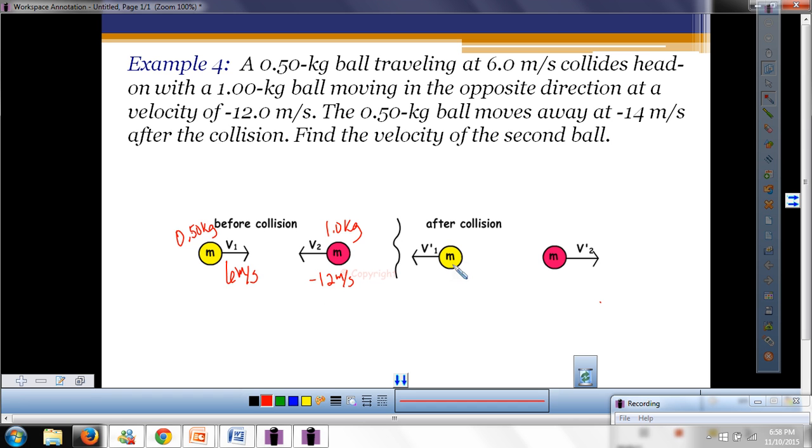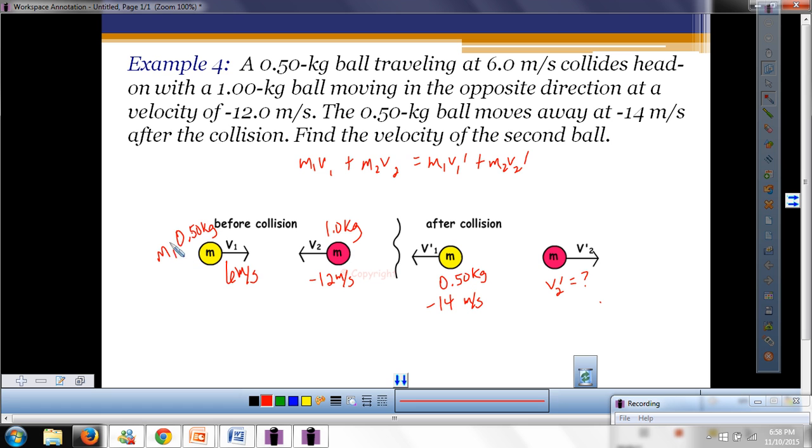All right, so after the collision, this one moves back to the left at -14. And they want to know, what is V2 prime? So M1 V1 plus M2 V2 equals M1 V1 prime plus M2 V2 prime.